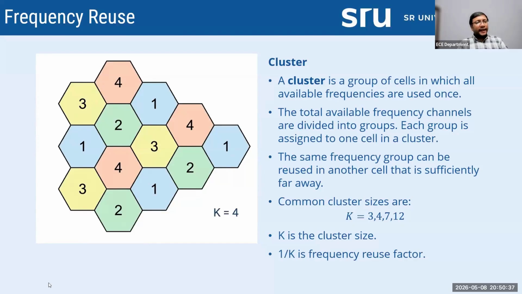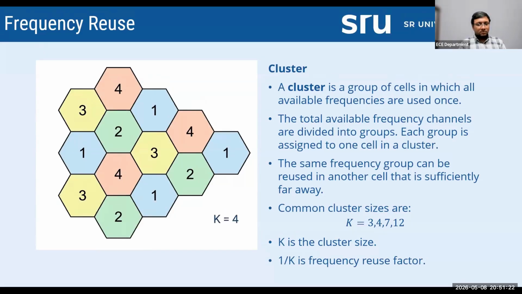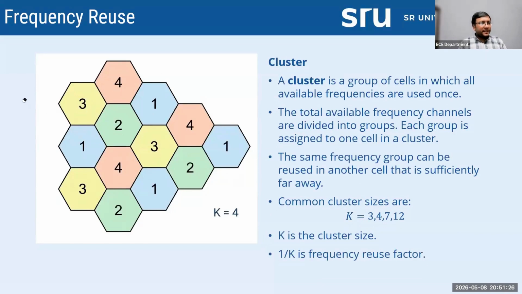So basically, K is equal to I square plus IJ plus J square. So this K equal to 4 is actually coming from this.